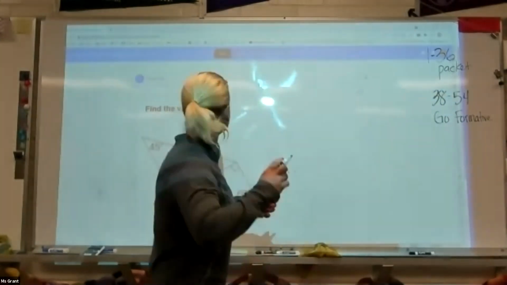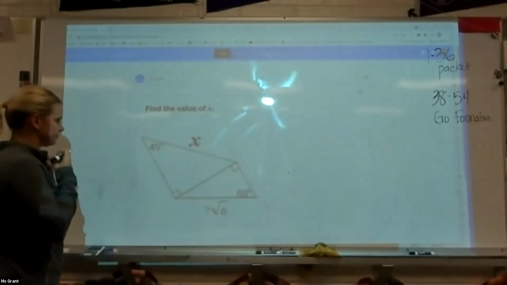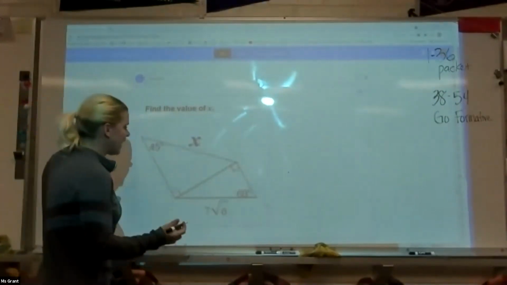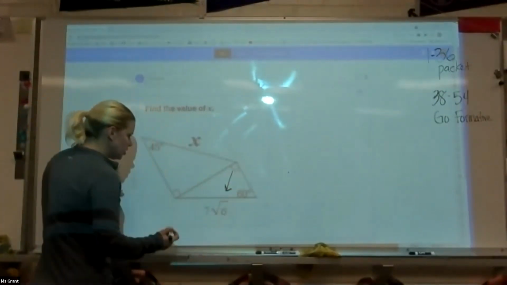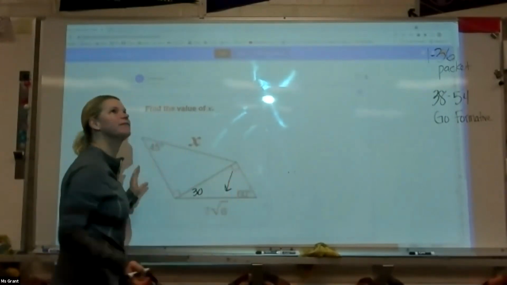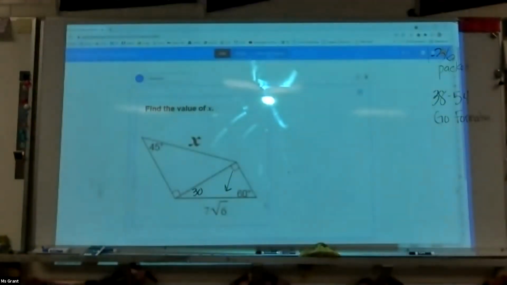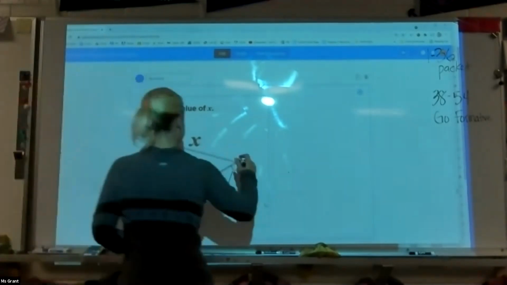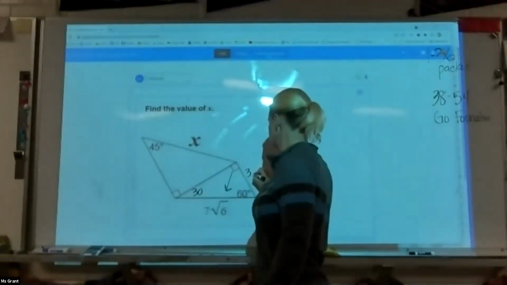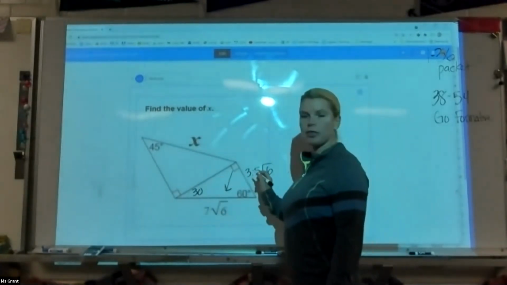Yes. In this one, this is a hard challenge problem, but the only value I have is opposite the 90 degrees, which means opposite the 30 degrees is, this is 2x. So this is half, you know what, the lights, sorry. 3.5 rad 6. So 3.5 rad 6 here is my opposite 30.